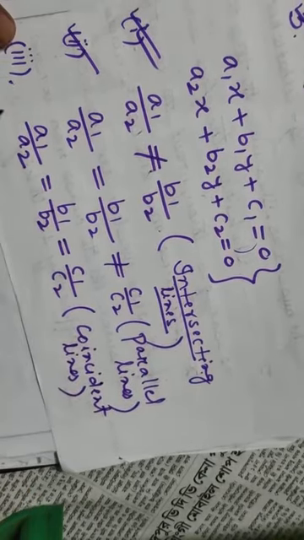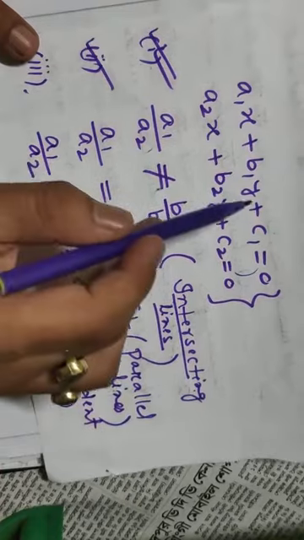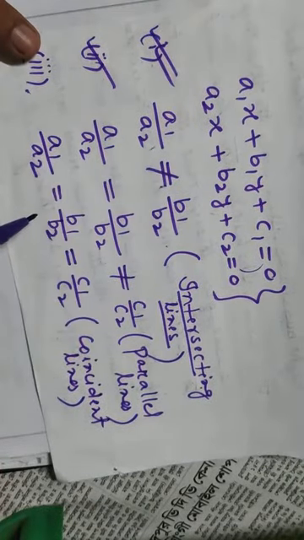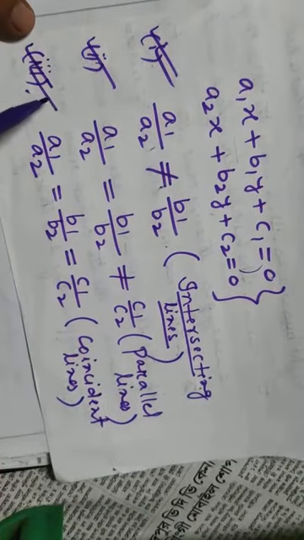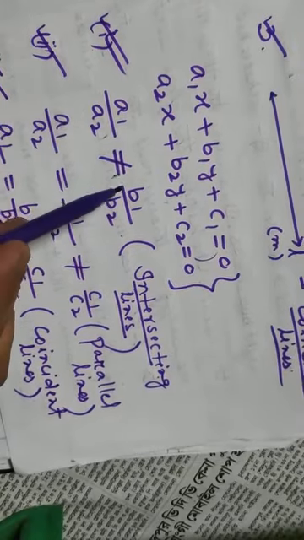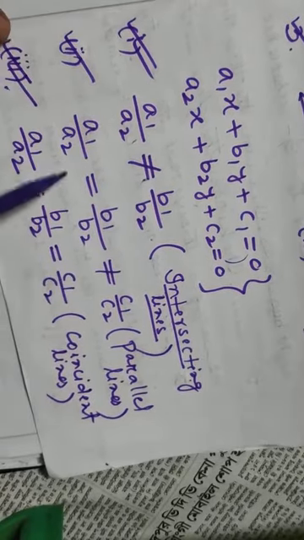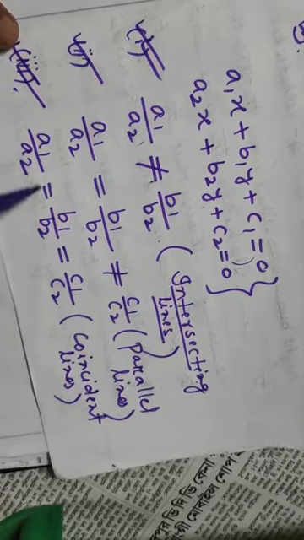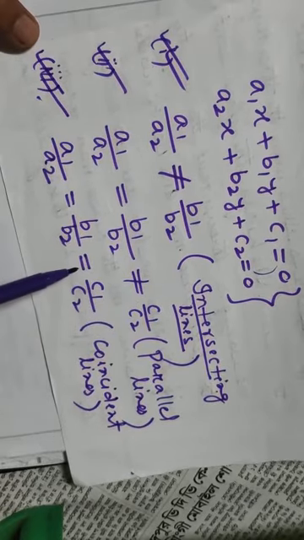It means that the given system of equations will have infinite solutions. So the first one is for a unique solution, the second is no solution, the third is infinite solutions.